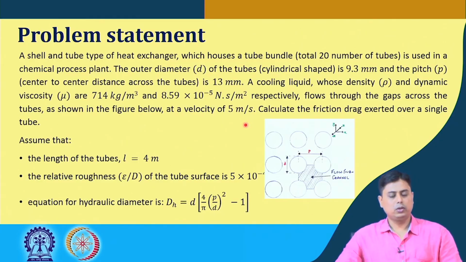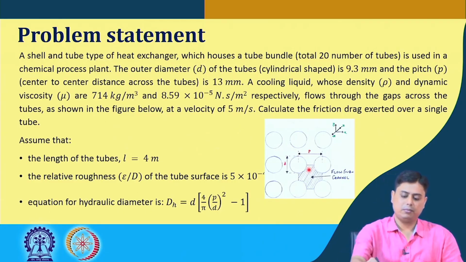Now, to calculate the Reynolds number for this liquid flowing through the shell side, what would be the diameter D, or the equivalent diameter? For flow through a tube we can easily understand it is the diameter of the tube. Here the flow is happening over the tube and through such gaps.